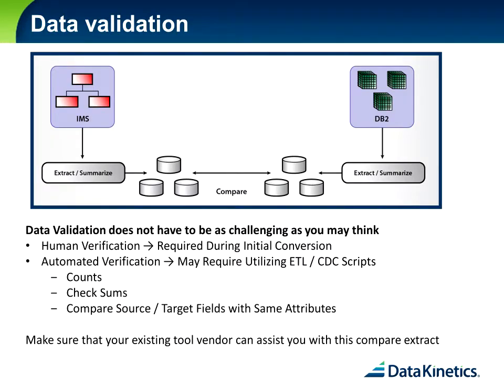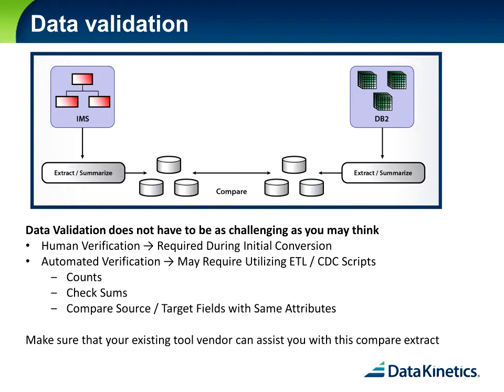Data validation. So we like to think that data validation is not as challenging as many people think. So human verification. Often during the data validation process, something comes up that needs human interaction. Often what we like to do is detect these as they're going on during the initial conversion, and then we automate that.